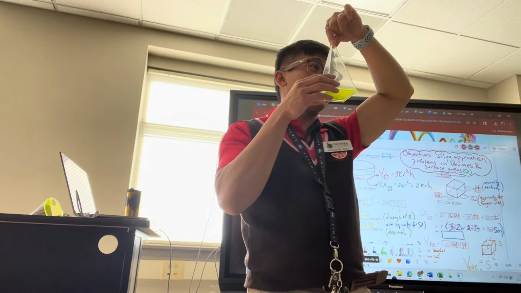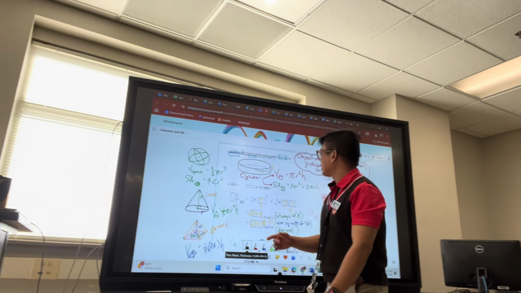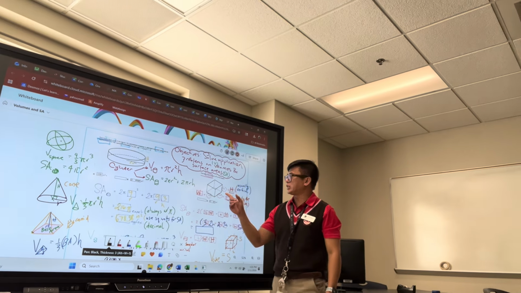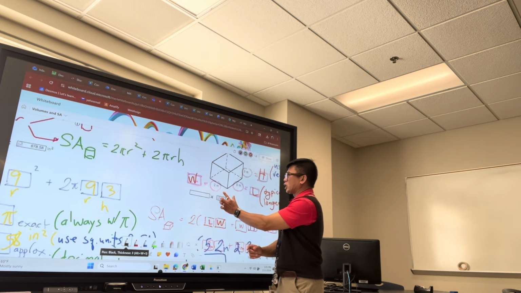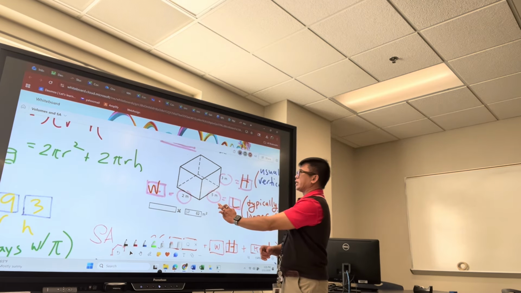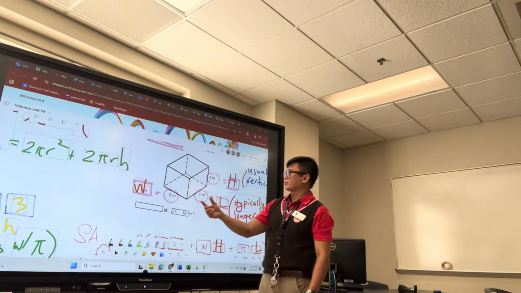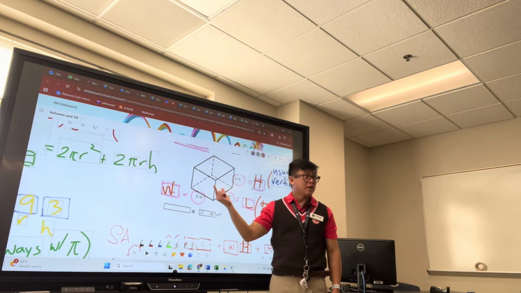When you say length times width times height, that's the volume, however, of what we call a prism. So if you see this prism in here, then yes, that will be the volume. It will be length times width, very good, times height.